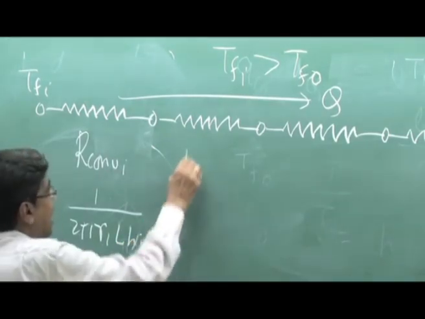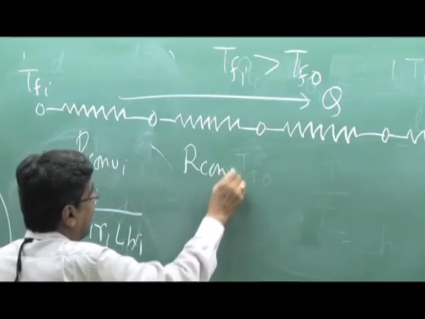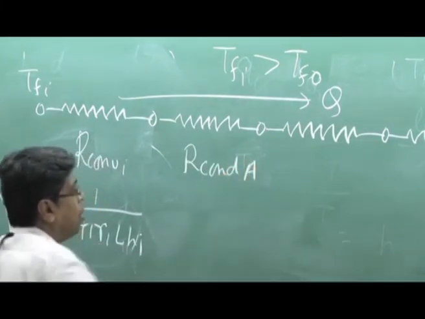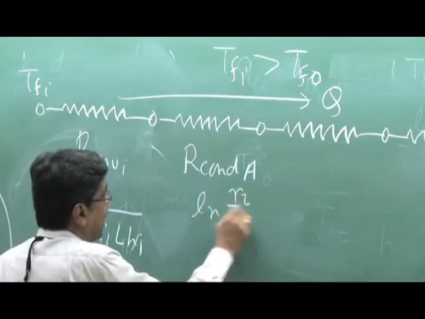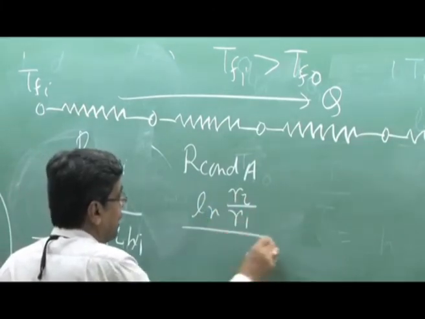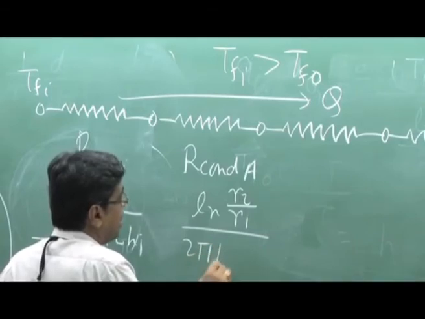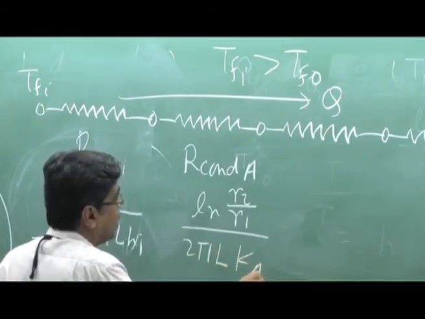Then this is R conduction for material A, that is ln R2 by R1, outer to inner radius, divided by twice pi L Ka.